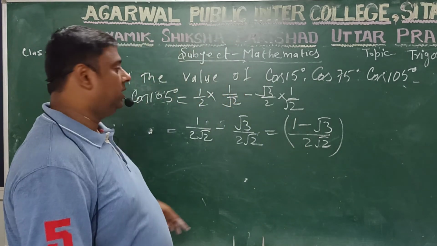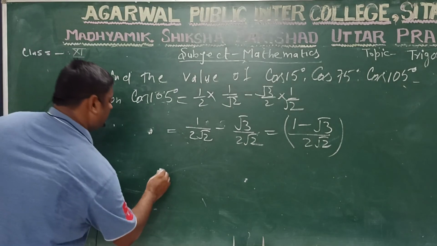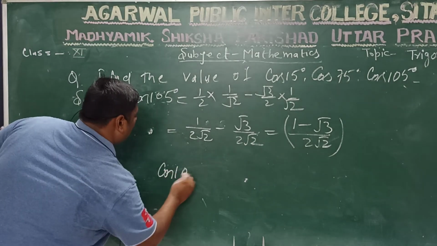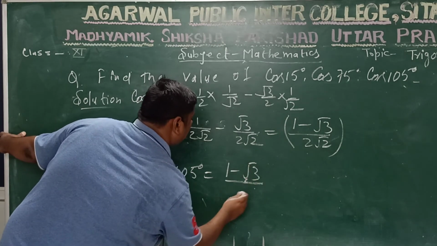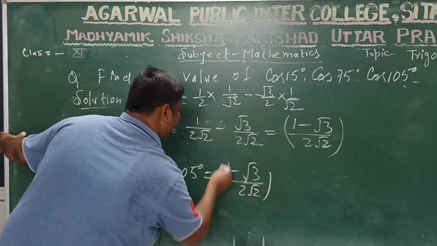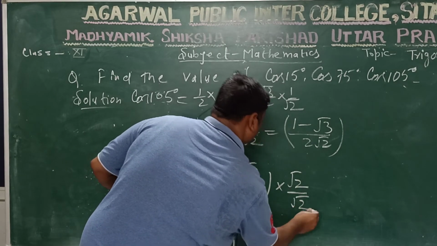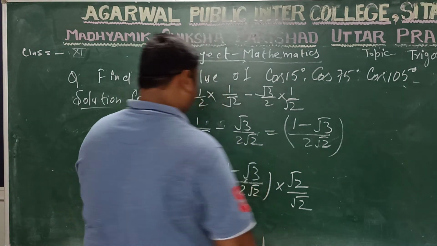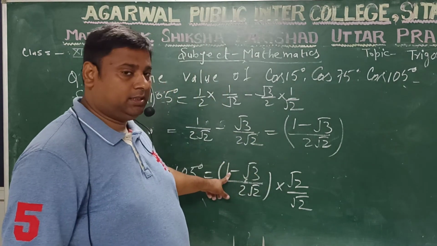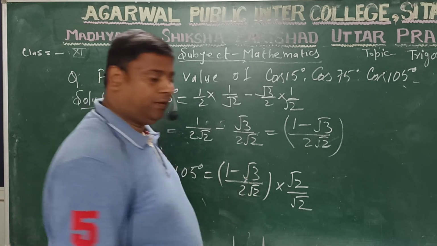One minus root 3 upon 2 root 2. Now we rationalize. Cos 105 degree, 1 minus root 3, root 2 by root 2. Okay, my dear students, root 2 into 1 is root 2, root 2 into root 3 is root 6, over 4.